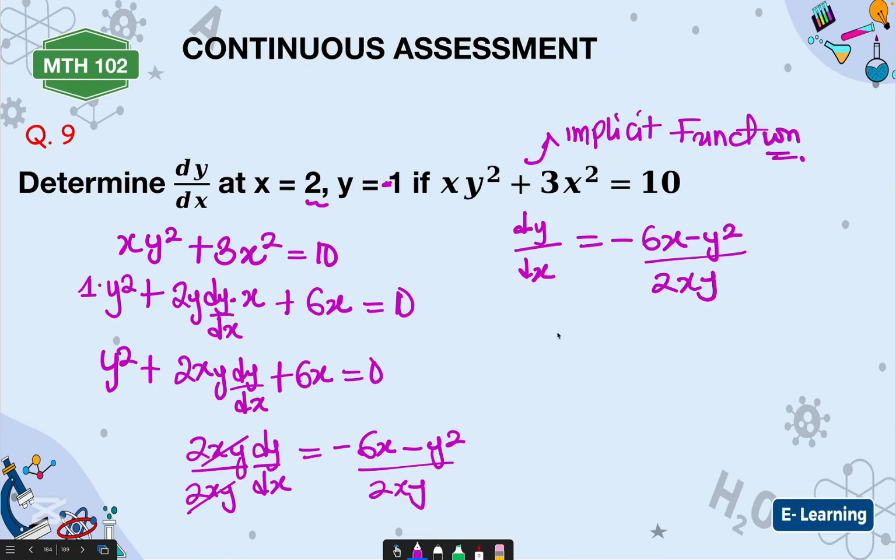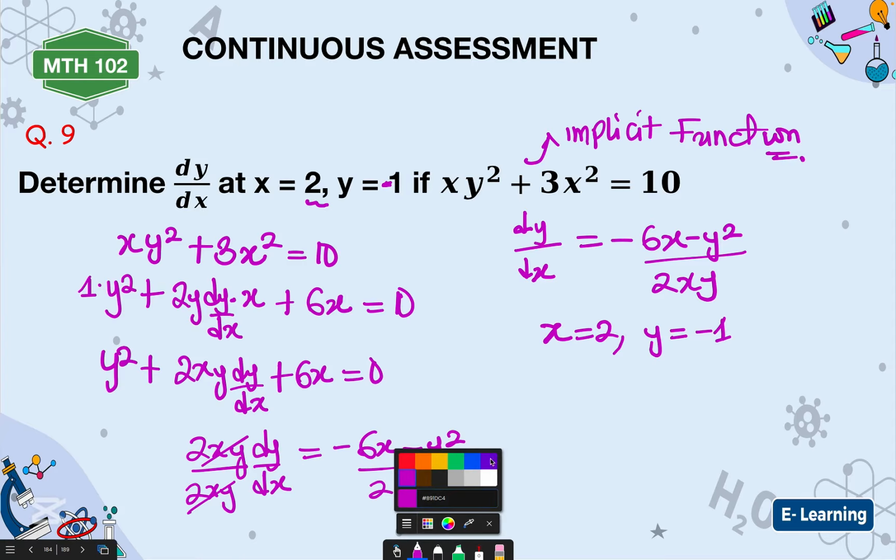But they told you x is 2, y is minus 1. So what are we going to do? Wherever we see x, put 2. Wherever you see y, put minus 1.